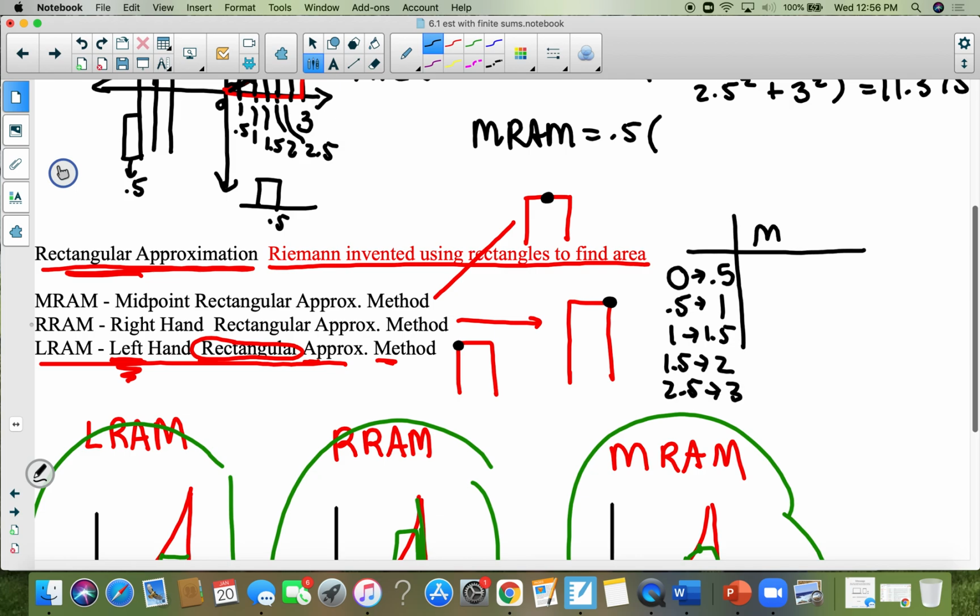I know that my midpoint needs to be 0.25. And I know that my next midpoint is going to be 0.5, and you just add them up and divide by 2 basically, which is 0.75.